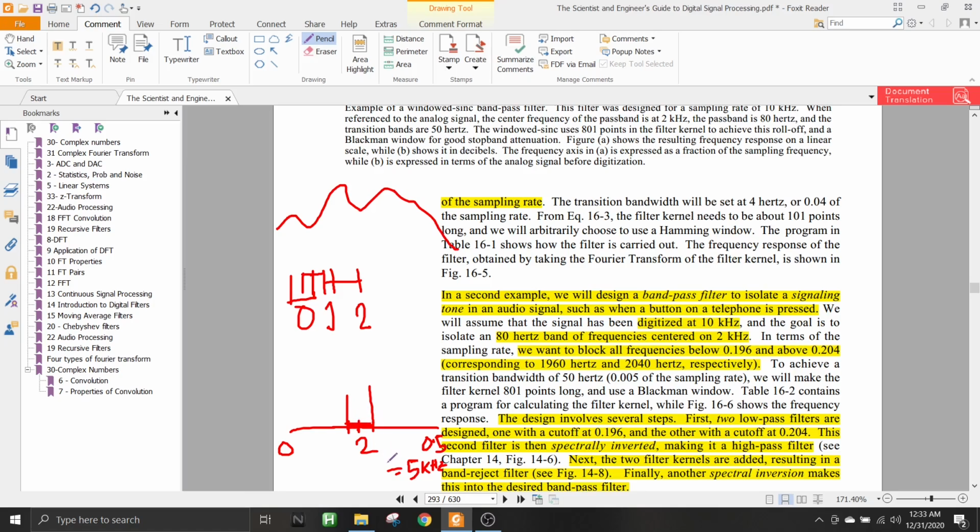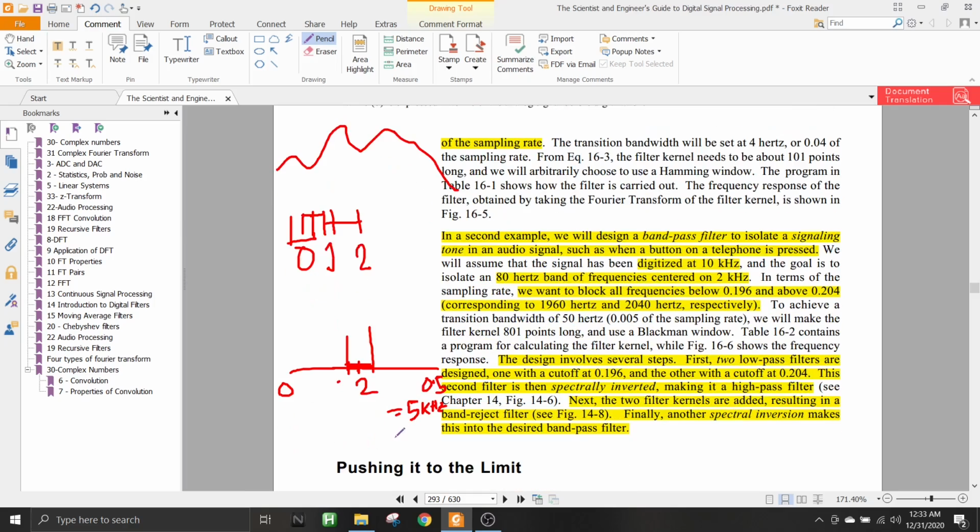So we would have to create a bandpass filter whose cutoff frequencies are 1960 and 2040. That means 40 from the left and 40 from the right, a total of 80 hertz worth of band.